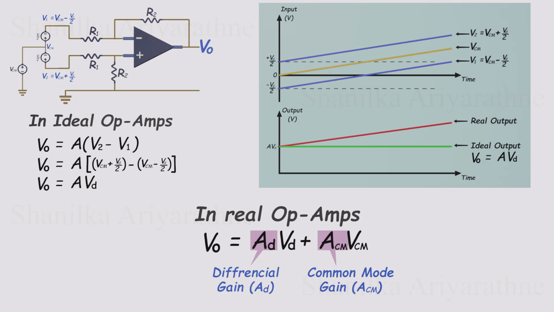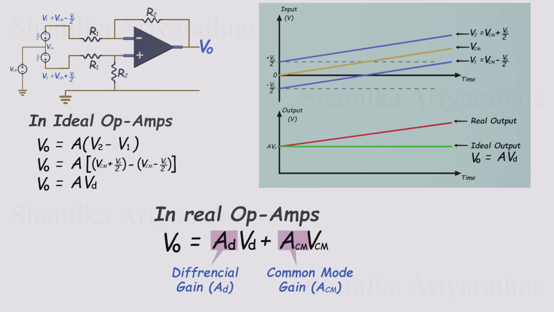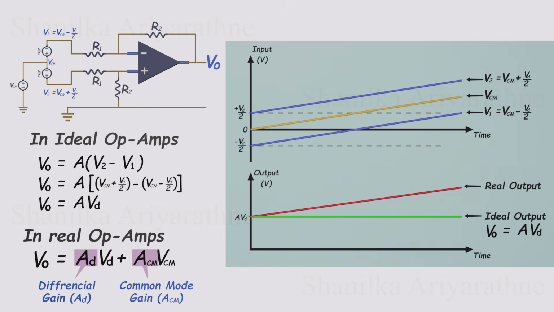The common mode gain, ACM, applies to the common mode voltage. So for a practical op-amp, the output can be written precisely as AD times the difference input plus ACM times the common mode voltage. And if you look closely at the output graph, that slow upward drift is coming from the common mode voltage sneaking into the output.